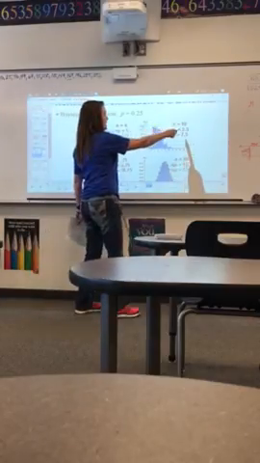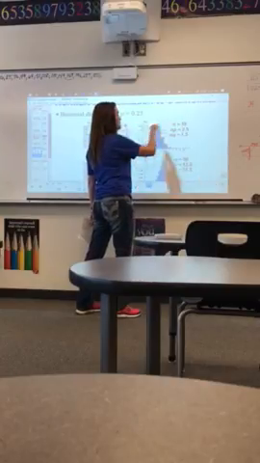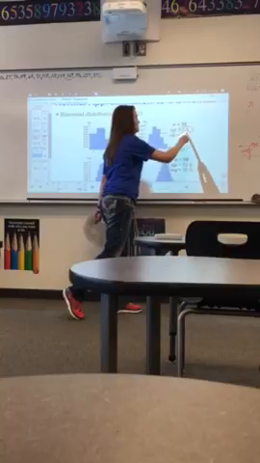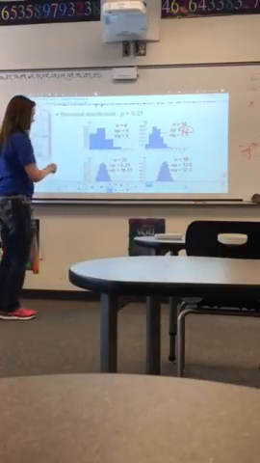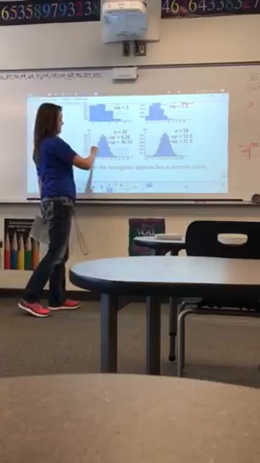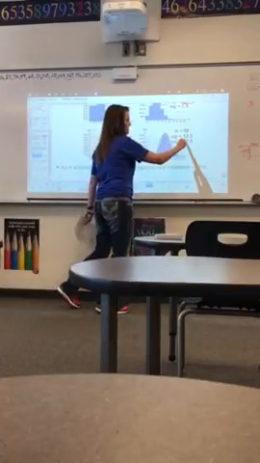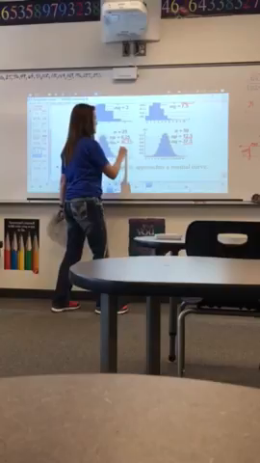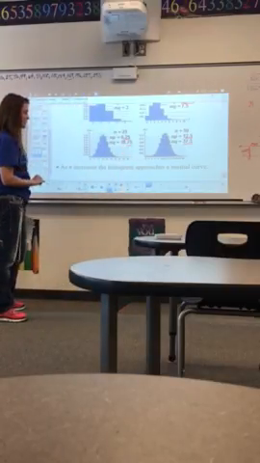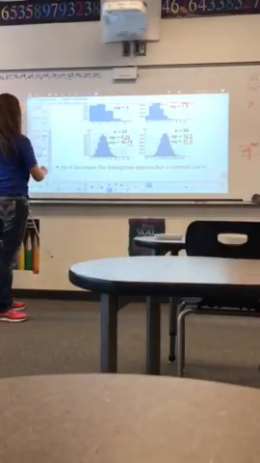As n gets bigger, from 4 to 10, it's starting to approach it. Still a little too small though, still not 5. And here we go, they're finally starting to look bell curved. So n times p and n times q are greater than or equal to 5. As n increases, the histogram approaches a normal curve.